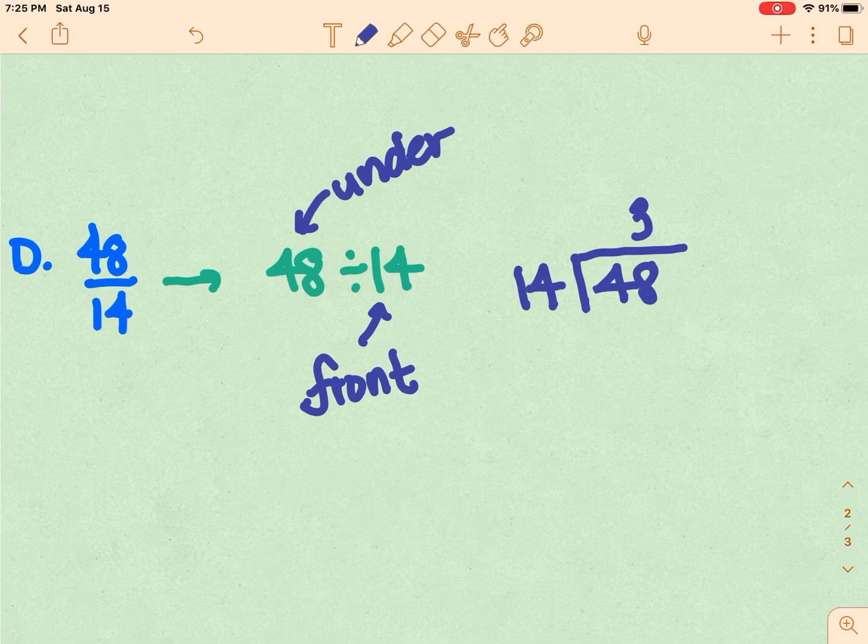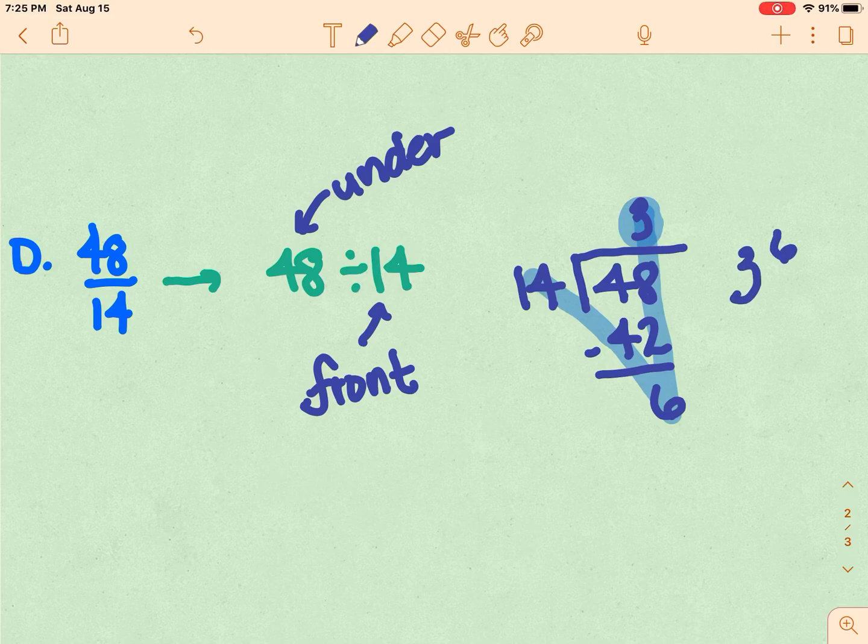So now if I go to multiply, remember I have to do 3 times 14. So 14 times 3 is going to be 42. So I'm going to have 6 left over. So I'm going to do my check mark method right here. So it's going to be 3 and 6 over 14. Now this is one I can tell by looking at it right here.